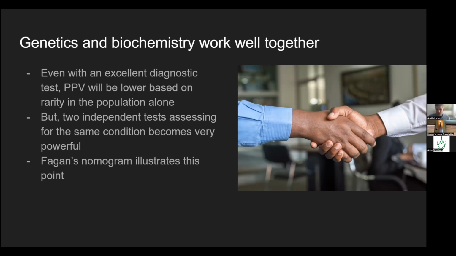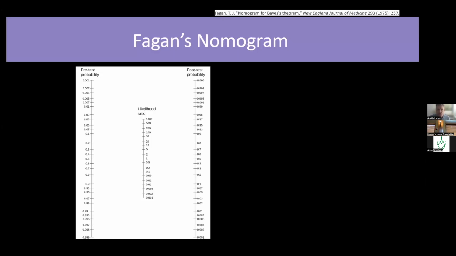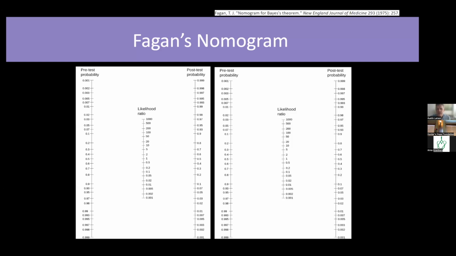The best example of how this works is something called Fagan's Nomogram. Fagan's Nomogram was published in the 1970s. This is a simplification of something called Bayes' theorem, and this is a nomogram that is used to apply Bayesian reasoning, or Bayes' theorem, to medical information and diagnostic evaluations.